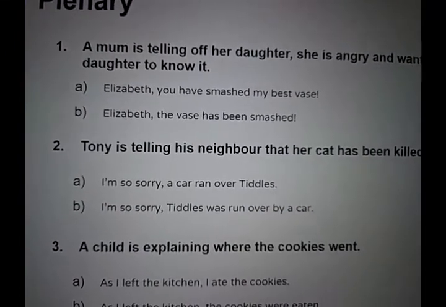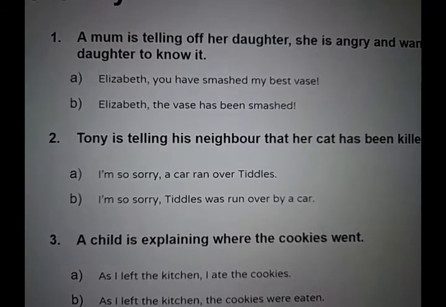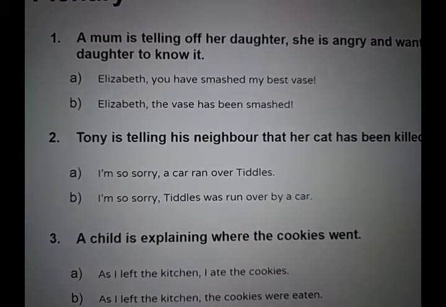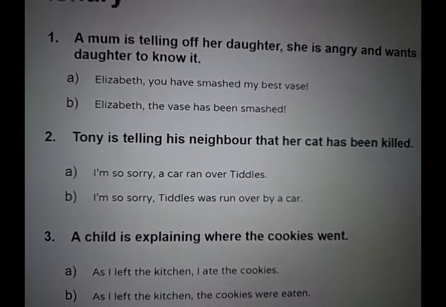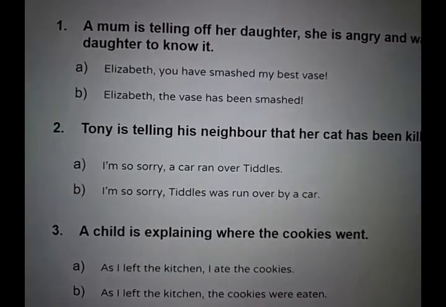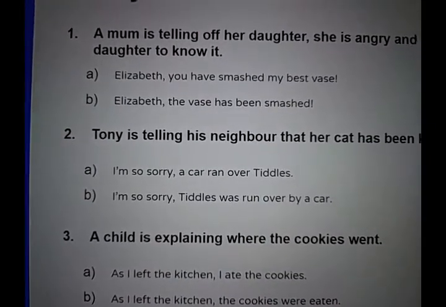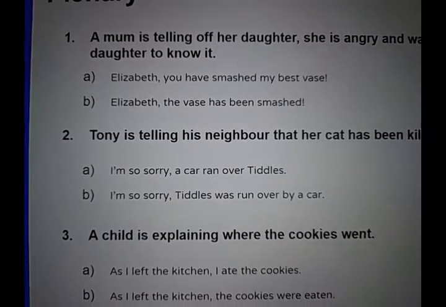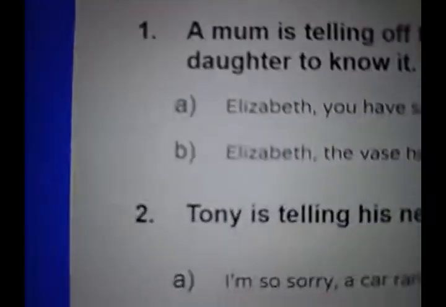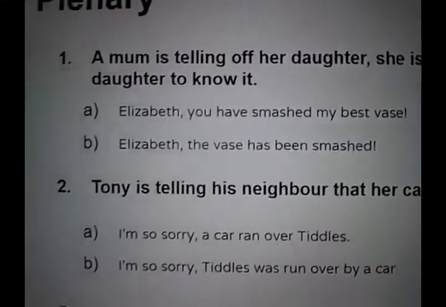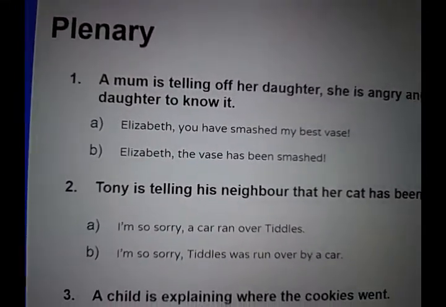You have smashed my best vase. In the second one, it's passive because they put the object before smashed. The vase has been smashed. Even though Elizabeth is at the beginning of the sentence, just before the verb smashed, we've written the object.